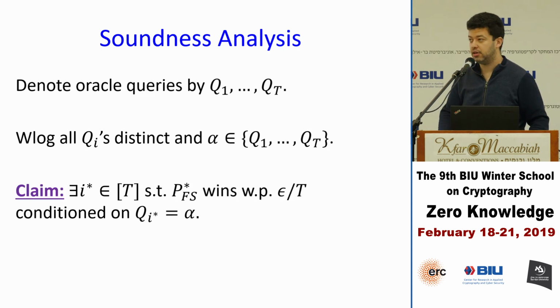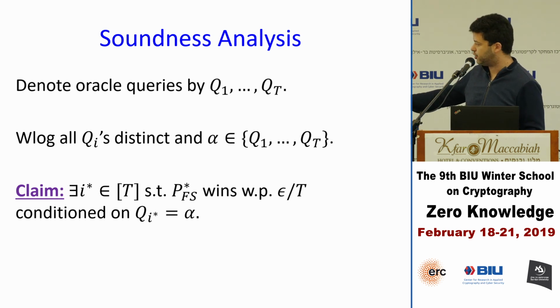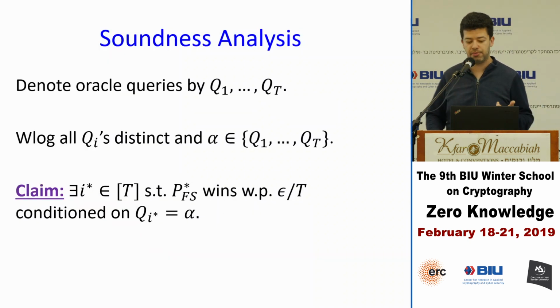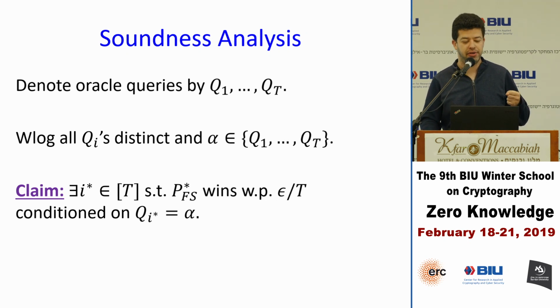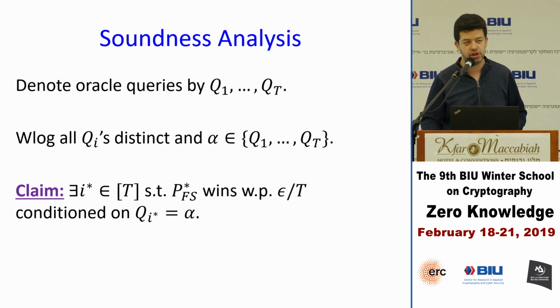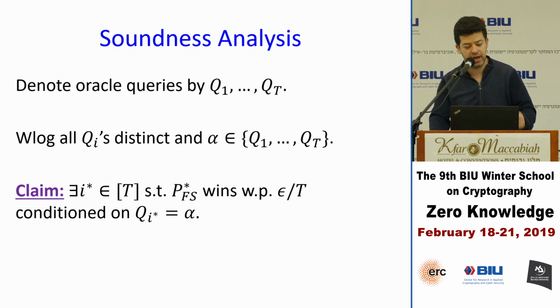Now, what I claim is that there exists some i star, some particular index among these queries. We already know that the prover wins with probability epsilon. I claim that there has to exist an i star so that the prover wins with probability at least epsilon over 2, so a little bit of a loss, but now it's conditioned on the i star query being alpha, the message that it's going to send as its first message to the verifier.